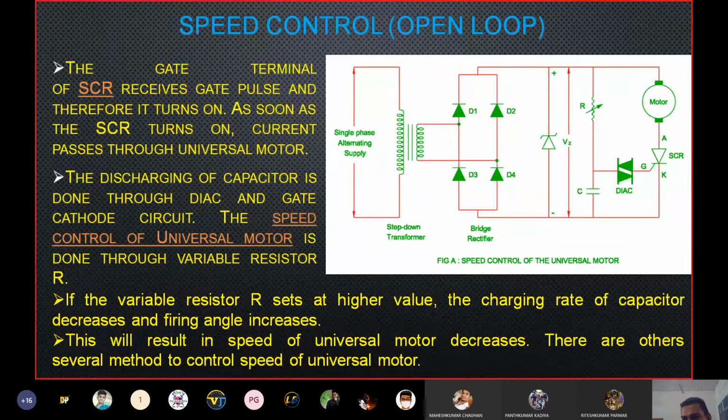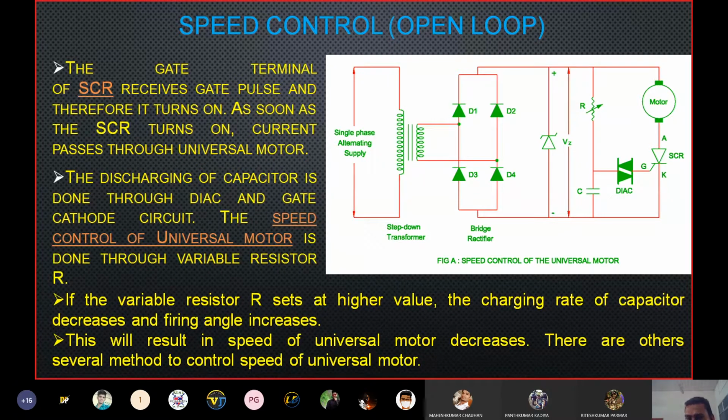Okay, and as the gate pulse given to the SCR takes more time, the SCR turns on in a larger time, or it takes more time to turn on the SCR.